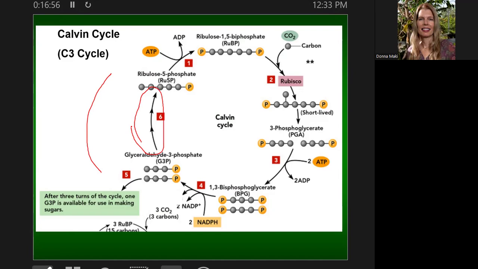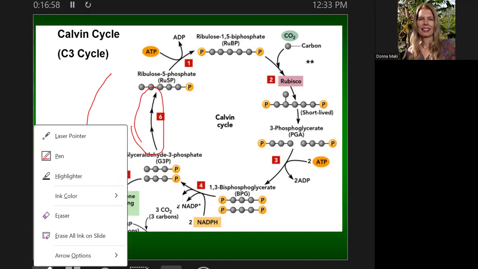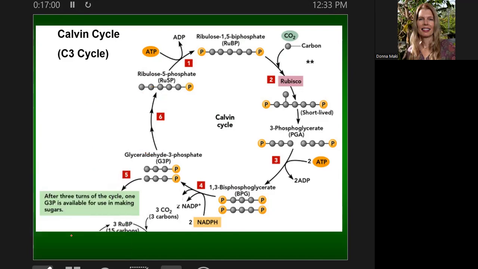So there's a lot happening there, but we're not going to get into huge detail in this class. Okay. So basically, by the end of that third portion of the Calvin cycle, you need to convert G3P to RuBP. So that's one goal of the Calvin cycle.